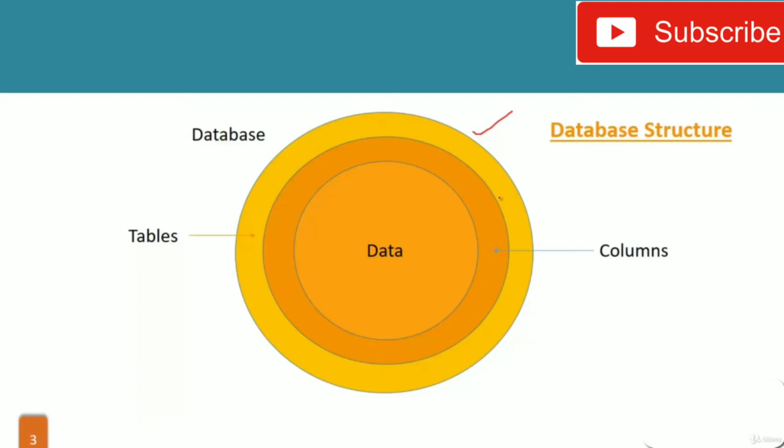Inside the database we have tables. For example, if a database has 4 tables, you will see 4 tables inside the database like this, right? So these are called tables. Tables are inside the database. This is a shell for tables.